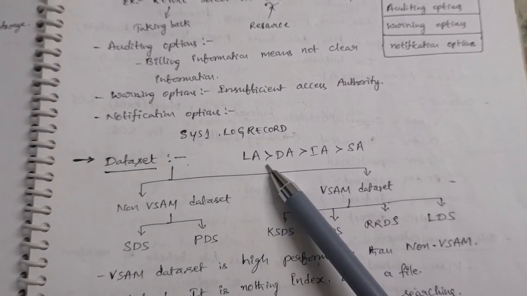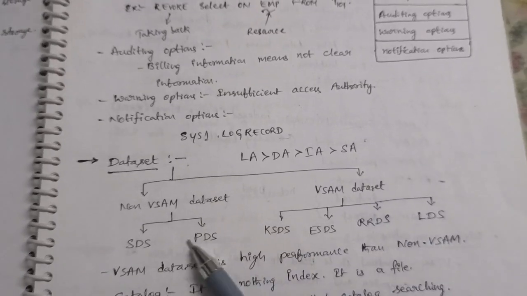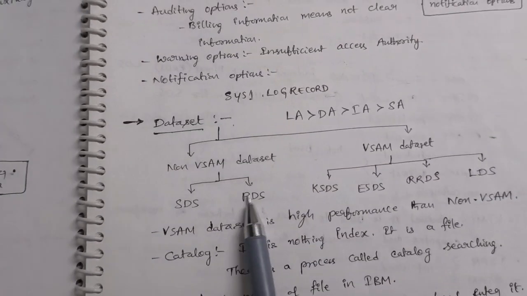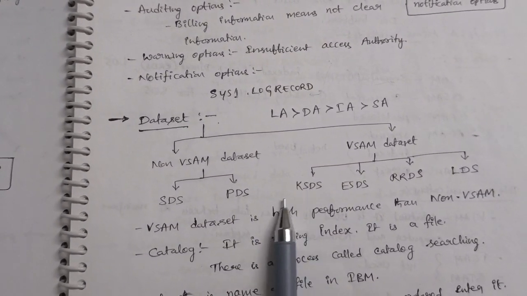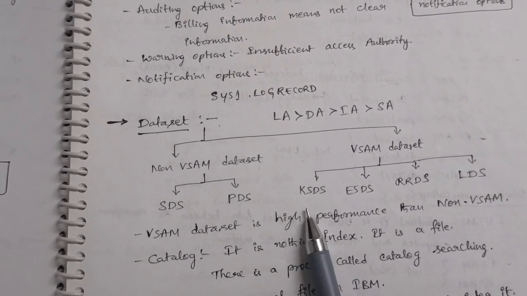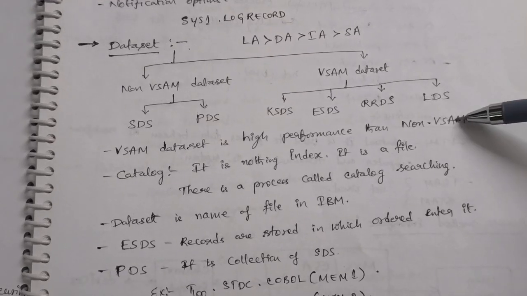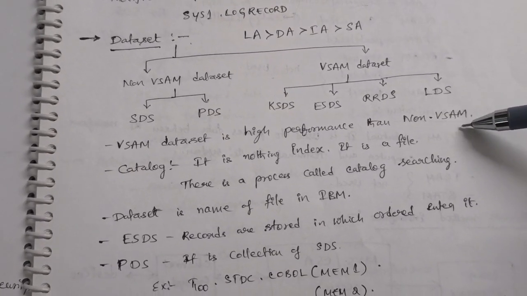We can see LA and DA, IA and SA. What are the non-VSAM datasets? Non-VSAM contains two types, again a subdivision. One is sequential dataset, another one is PDS dataset. But VSAM has higher performance than non-VSAM datasets.